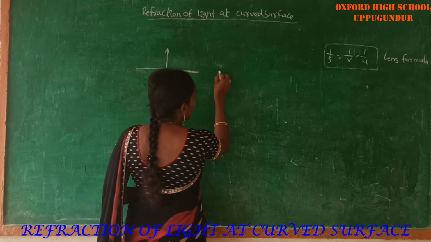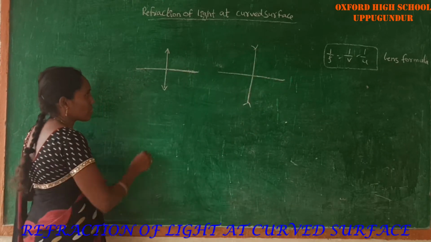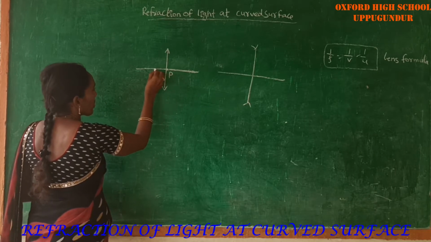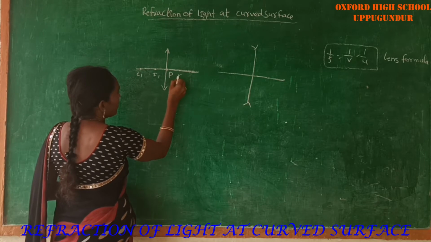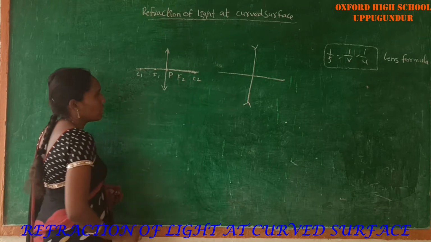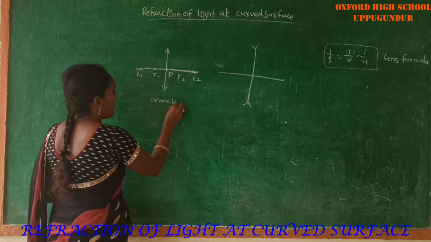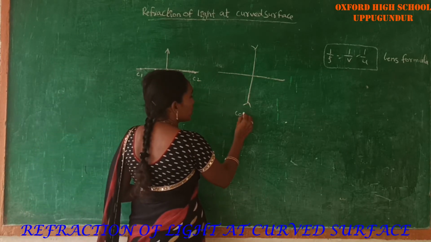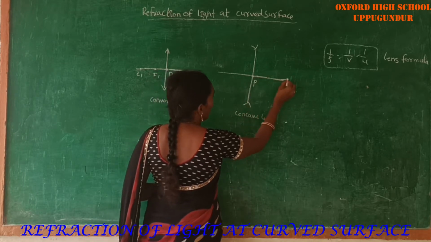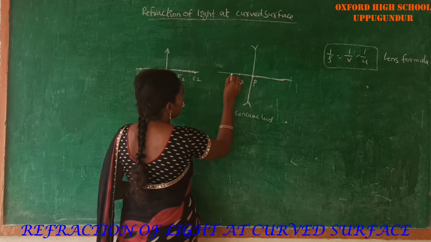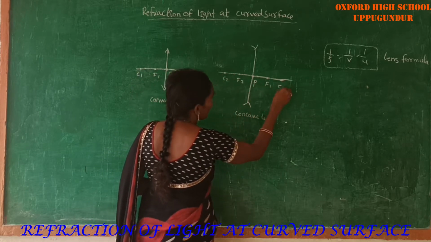This is the representation of a convex lens, with focus F1 and center of curvature C1 on one side, and focus F2 and center of curvature C2 on the other. And this is the representation of a concave lens, with focus F2 and center of curvature C2 here, and focus F1 and center of curvature C1 on the other side.